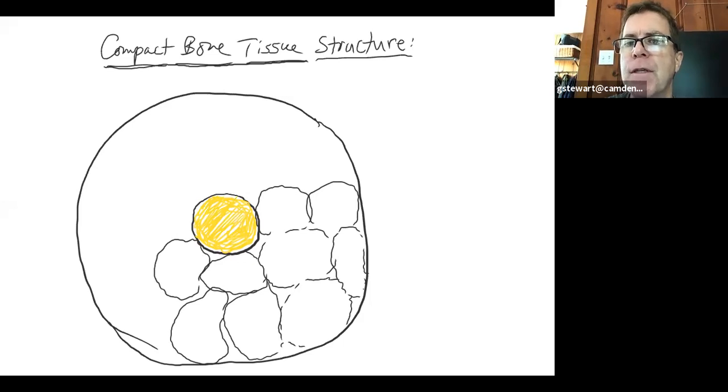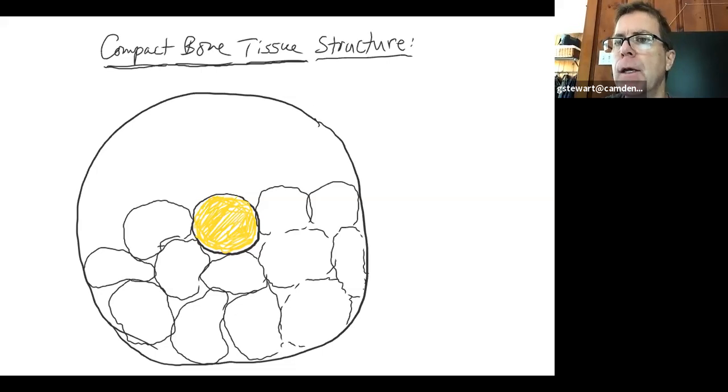So we see these very faint outlines of tissue. Each of these circular structures that I'm drawing is one unit of compact bone growth, okay? And in the center of these is a hole or a cavity that runs parallel to the medullary cavity, but it's much smaller in diameter.